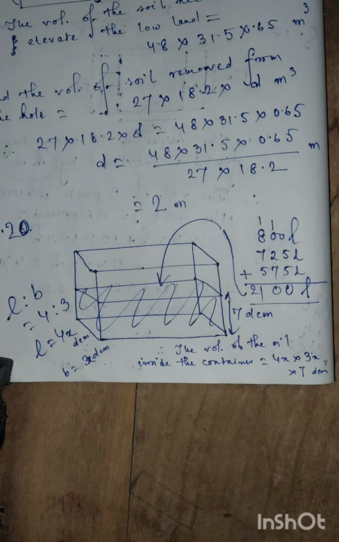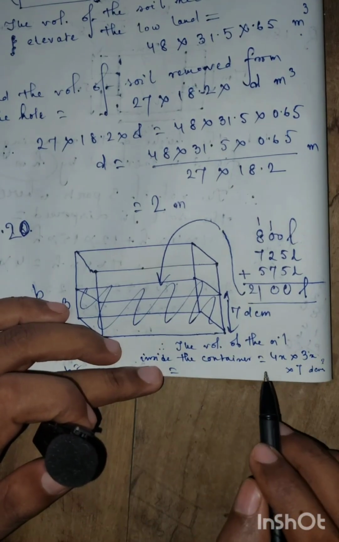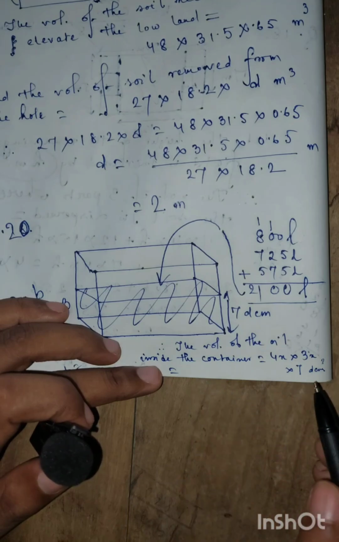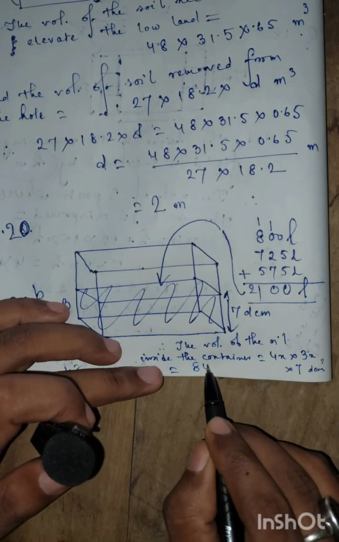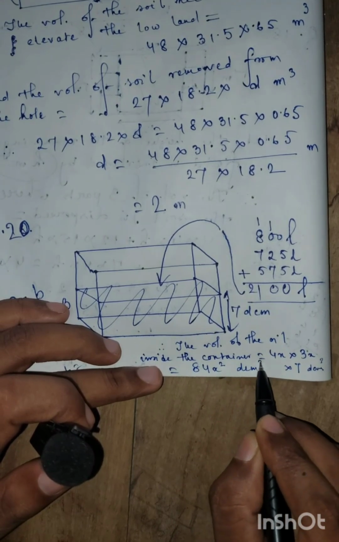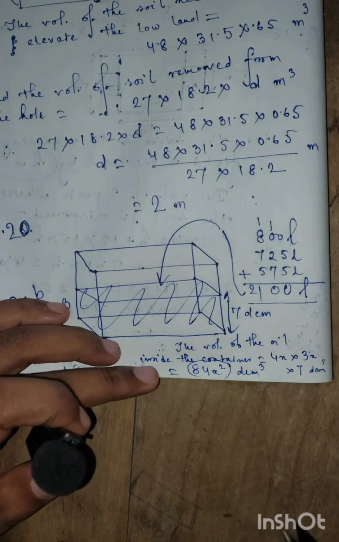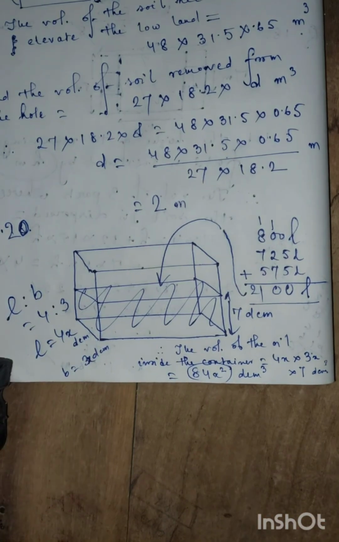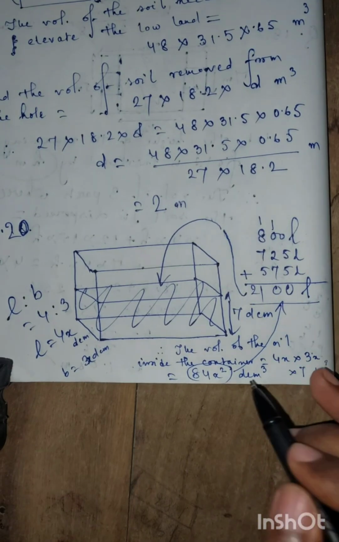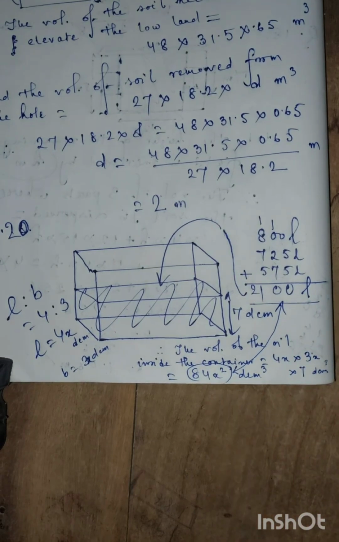So it gives us 84 x square dcm cube. So this is the volume. And this volume is actually equal to this volume. These two are equal. So we can equate them. 84 x square equal to 2100.